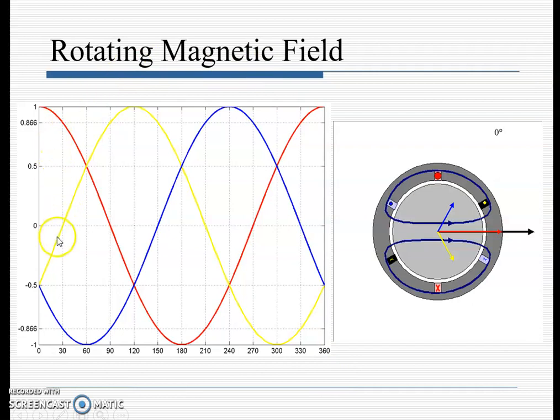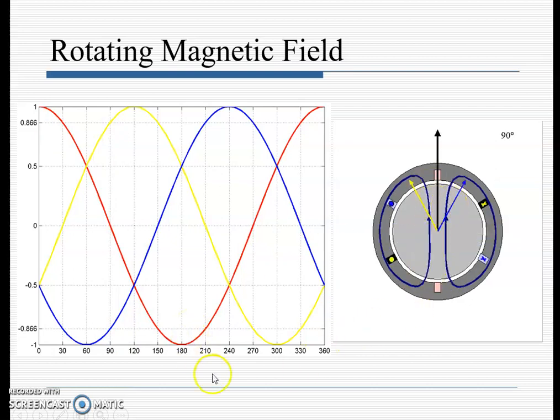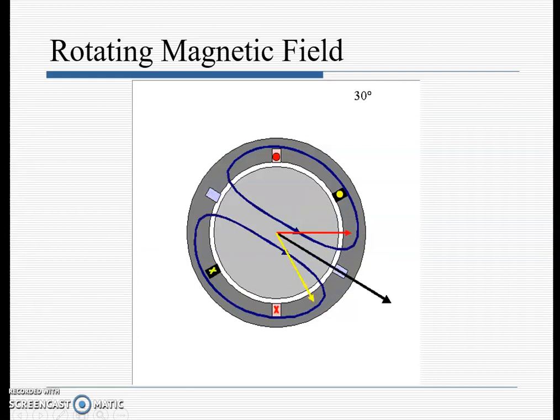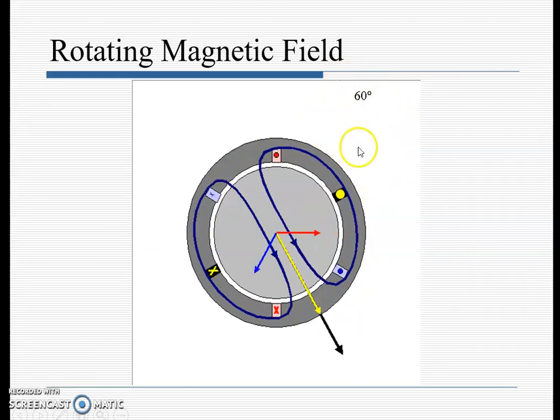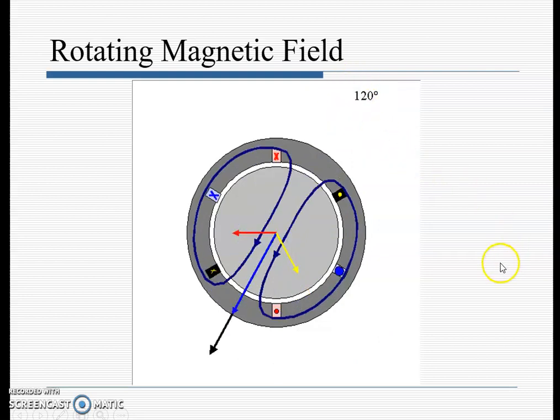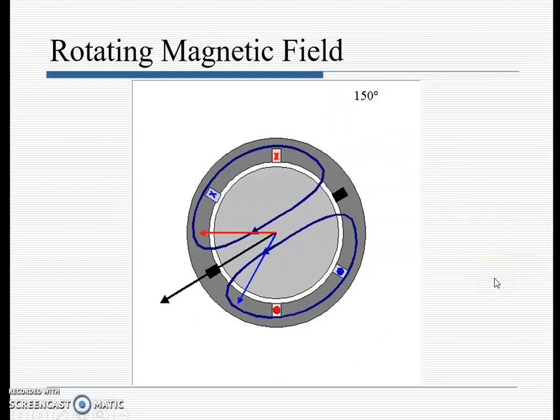This is the rotating magnetic field. This is the three-phase representation: red phase, yellow phase and blue phase, and all three phases are 120 degrees apart from each other. This is again the representation for the three phases. This is the different variation of the angle between them, showing how the motor rotates.